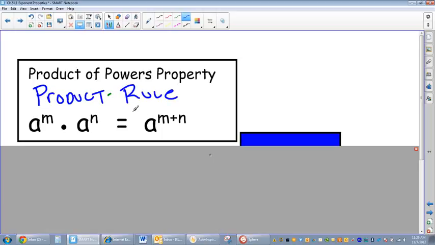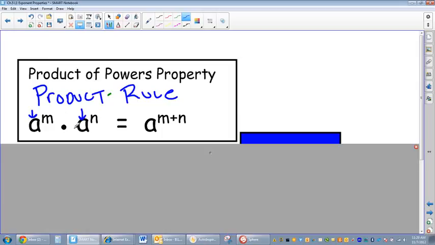So the product rule states that if you have like bases, right? Remember Jada told us that this spot right here, that's called the base. And they're the same, so we call them like bases.